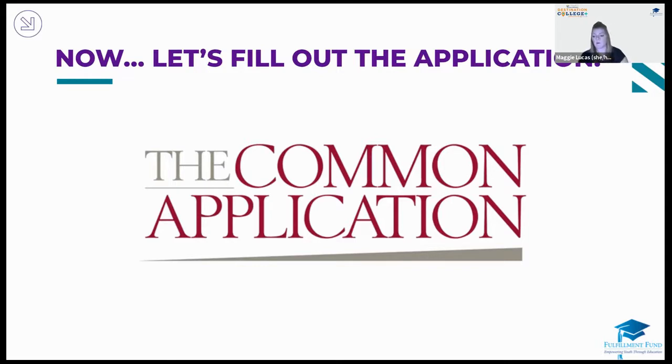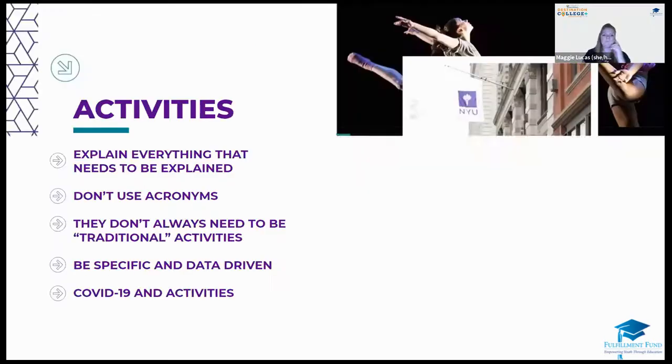Many schools are also Common Application exclusive. It's the only application that they use. NYU is one of those schools, trying to make it as simple as possible, but it's great to research once you have your college list who uses what application, so that you can do the least amount of busy work possible.